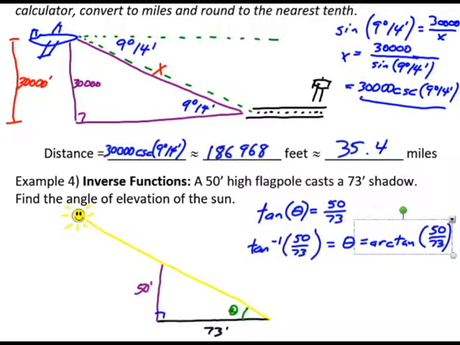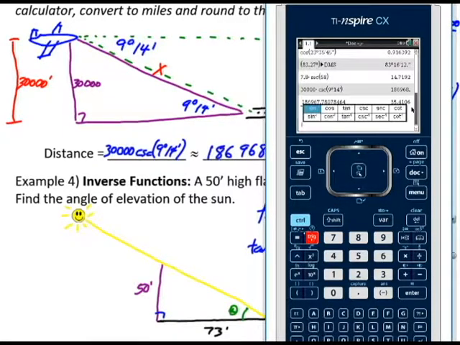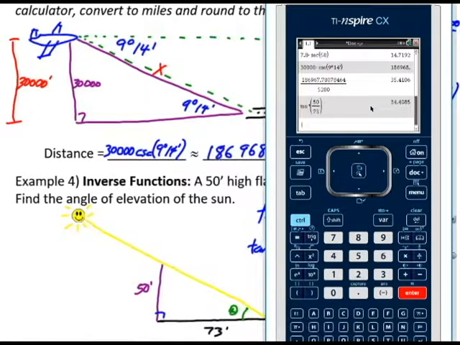Regardless, this is a perfectly good exact form answer, and so we will approximate by plugging it into the calculator. The inverse tangents are on the bottom row. And there's our answer, a little over 34 degrees.